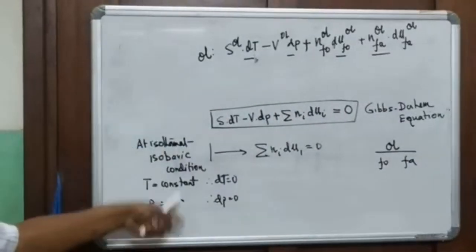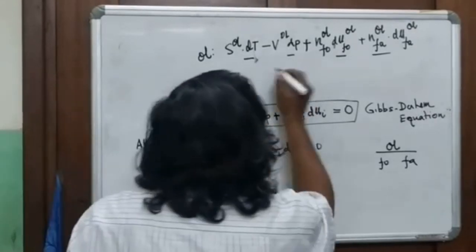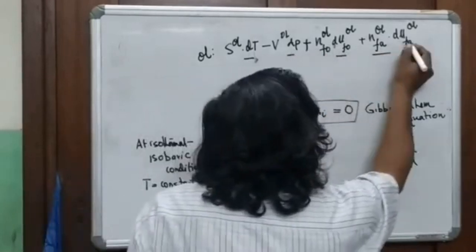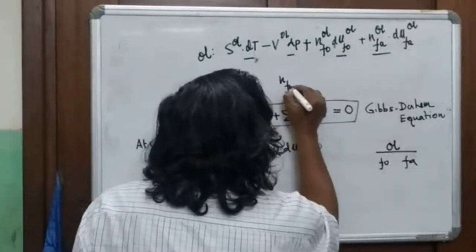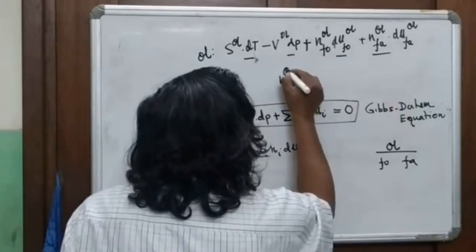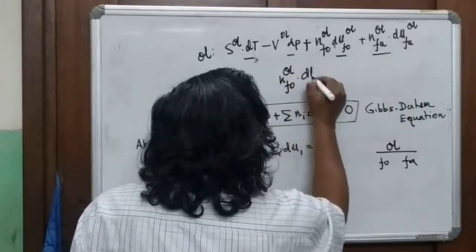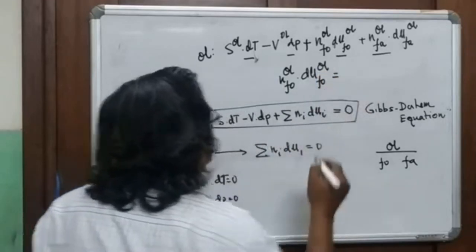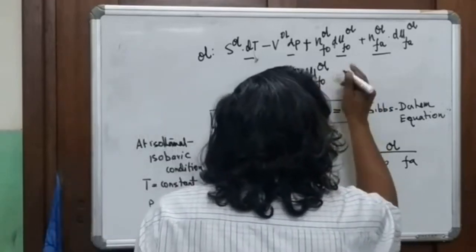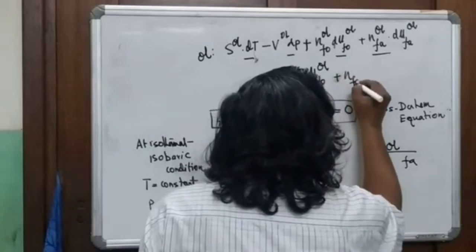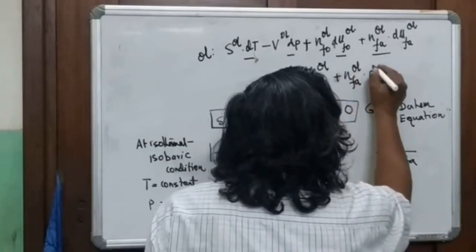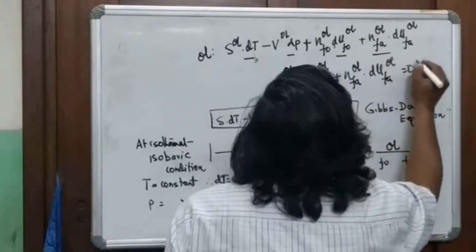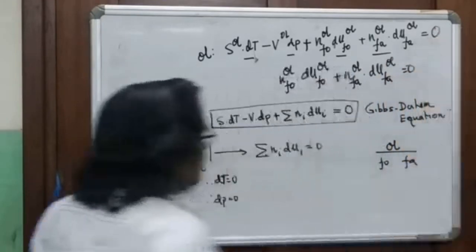Now at isothermal isobaric conditions, dT will be equal to 0 and dP will be equal to 0. So it will be N forsterite in olivine into d mu forsterite in olivine plus N fayalite in olivine into d mu fayalite in olivine, and this is equal to 0.